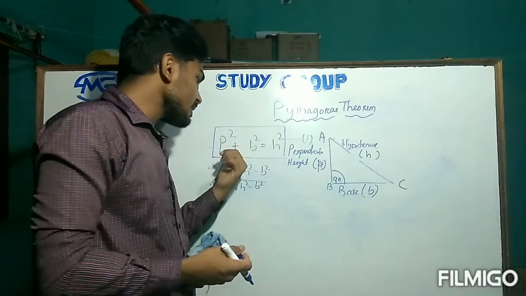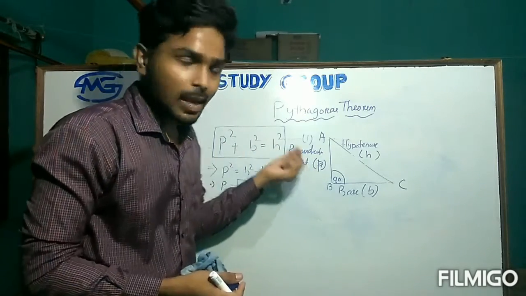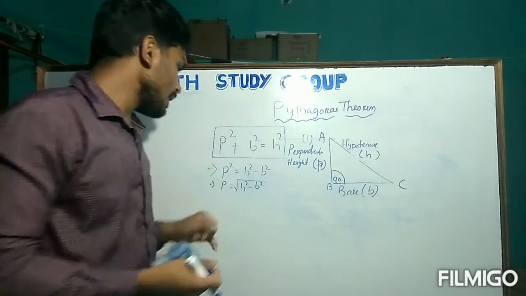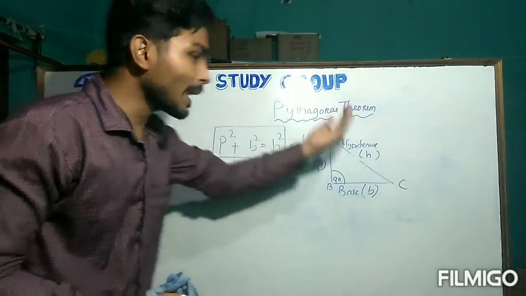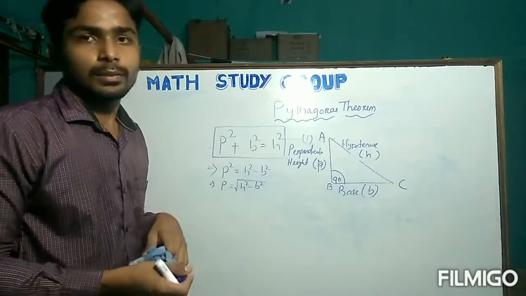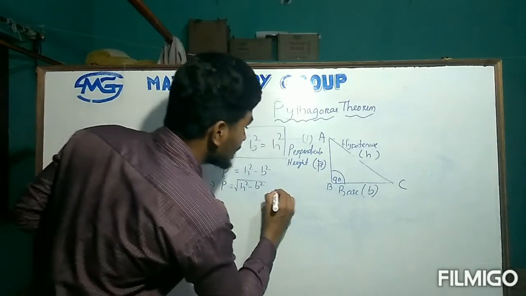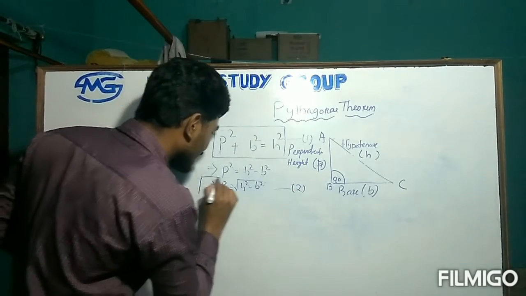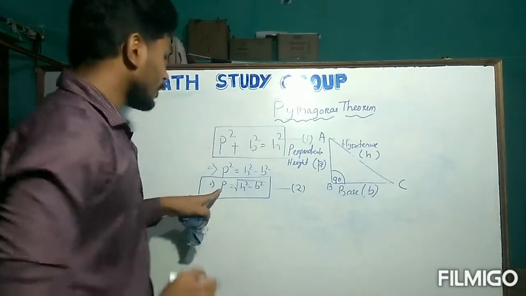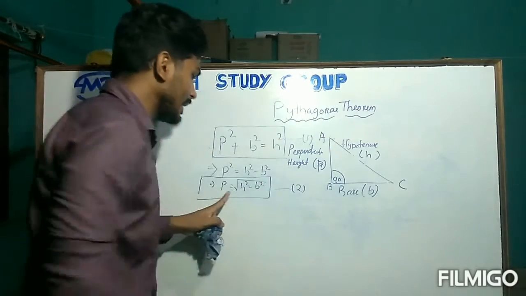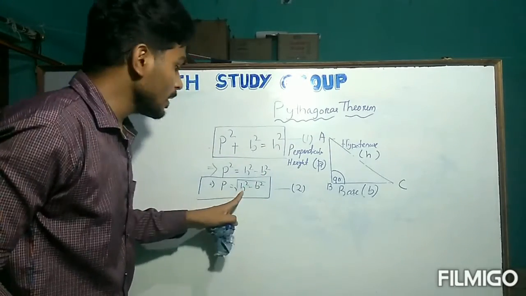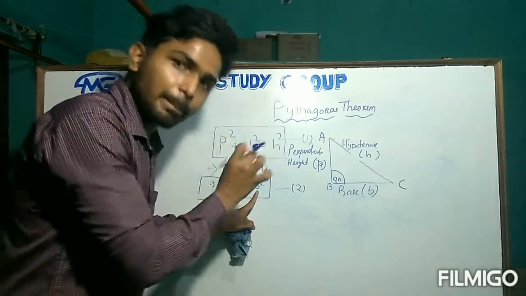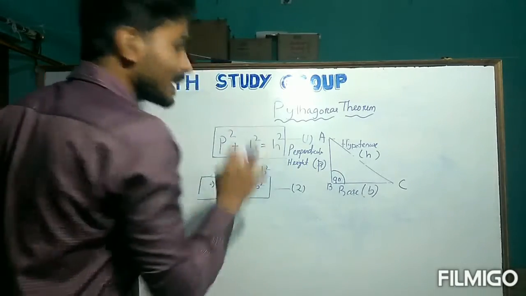Whenever a plus goes to the right side, it becomes minus. Whenever a multiplication goes to the right, it becomes division. Similarly, whenever a square moves to the right side, it becomes a square root. So here we get the second formula. It told us that the value of p, or the height, is equal to the square root of h square minus b square. Okay, this is the second rule.